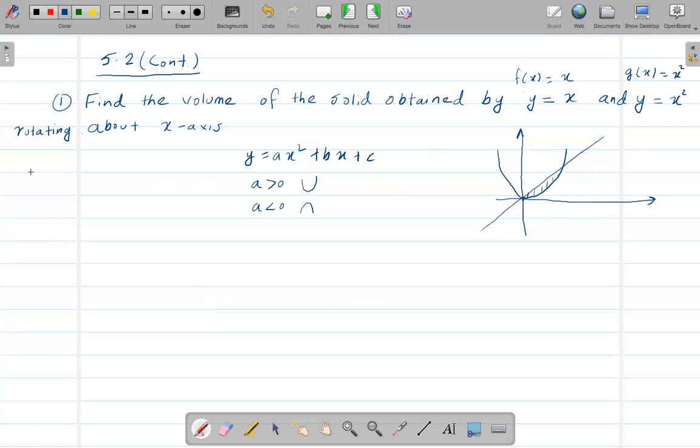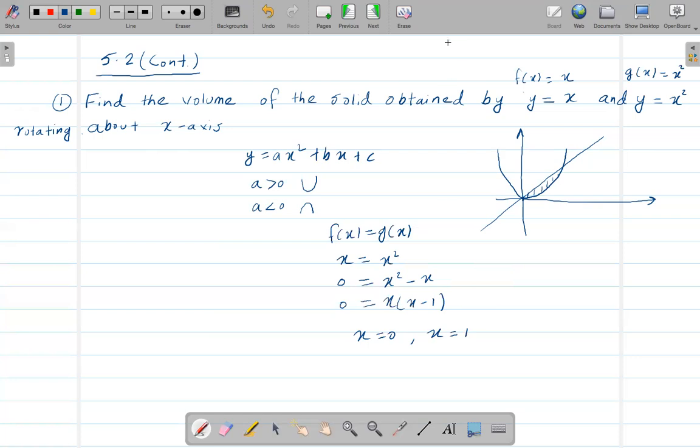At this point, f of x equals g of x. So x equals x squared. Subtract x on both sides, so 0 equals x squared minus x. Now factor out x, so x times x minus 1. So either x equals 0 or x equals positive 1, right?